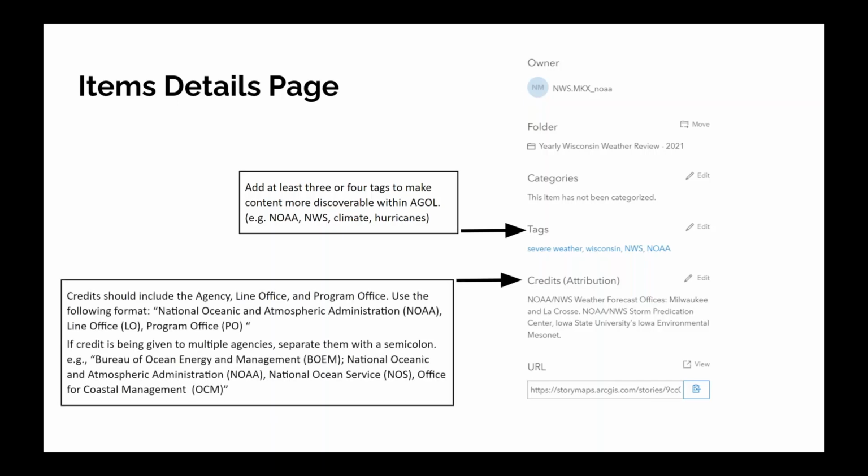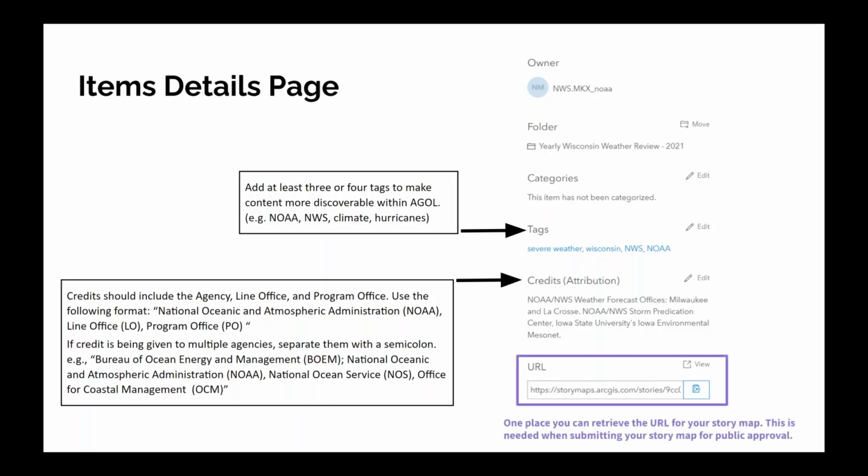And then within the credit section or the attribution, you really should have a list of all the information that's being used within the story map. And within the requirements documentation, it has some examples on how to list that information out. Now, at the very bottom of the item details page, once you publish things to the organization, that means everyone within the organization can see it.